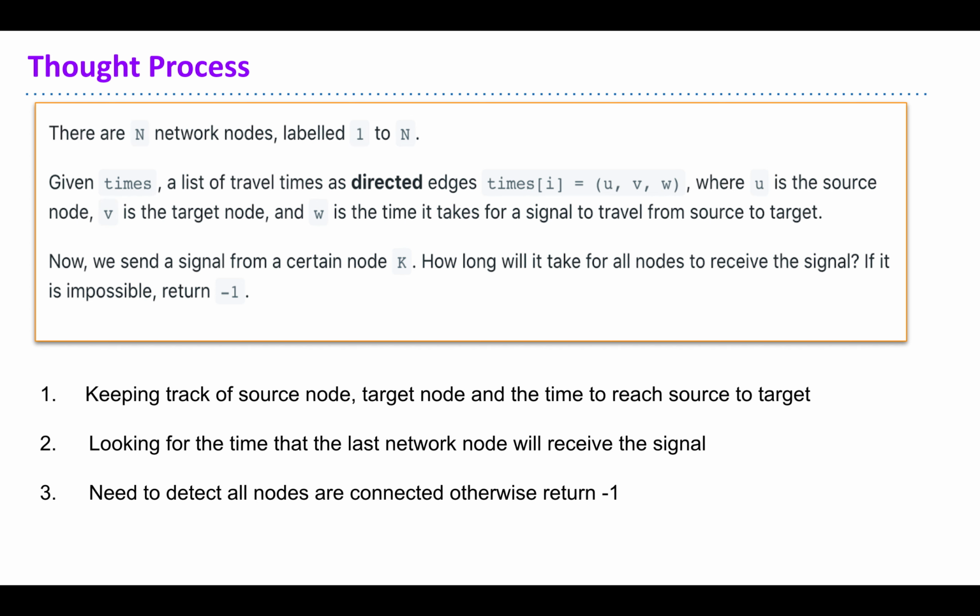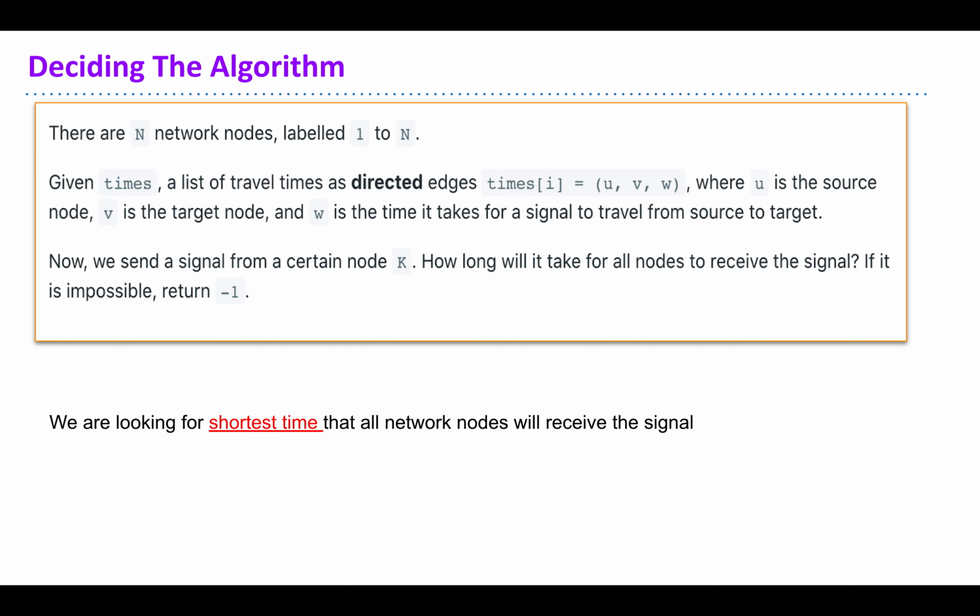So it could be some constraint. We are thinking about how we can achieve this, and what kind of algorithms we can use. What came to my mind was that essentially what we are looking for is the shortest time. We want to look for the shortest time that all the nodes will receive such signal. We don't want the slowest time that the network will receive the signal, that's not what the problem is wanting.